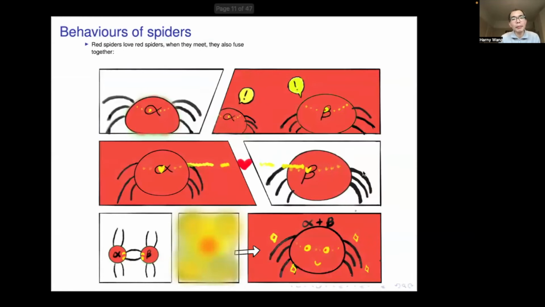The same holds for the red spider: if they meet each other with the same color, and at least one leg is shared, they fuse together and the parameters sum up.